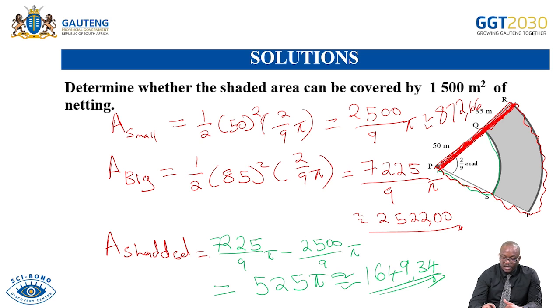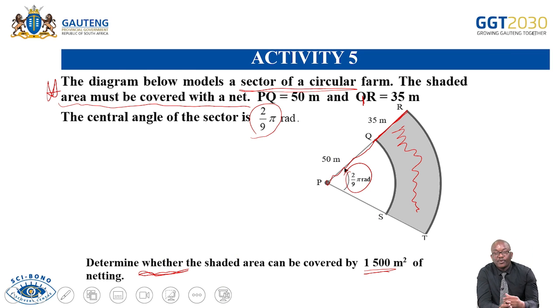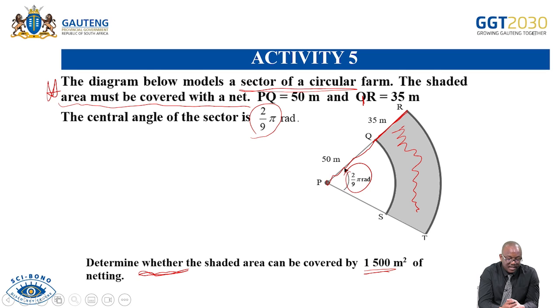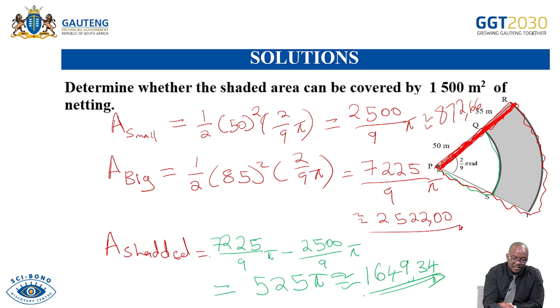Now, remember your question was to determine whether the shaded area can be covered by 1,500 meters squared of netting. You can see that the area, 1,649.34 meters squared, is bigger than 1,500 meters squared.